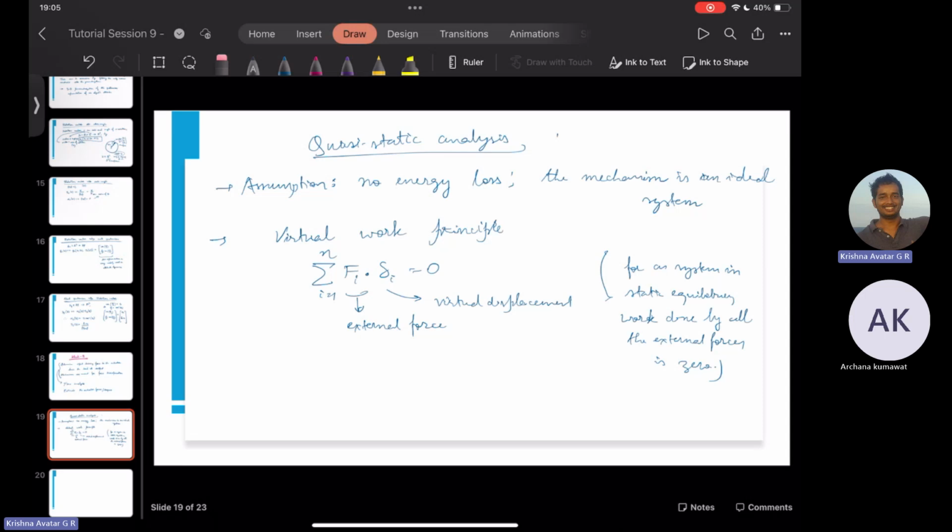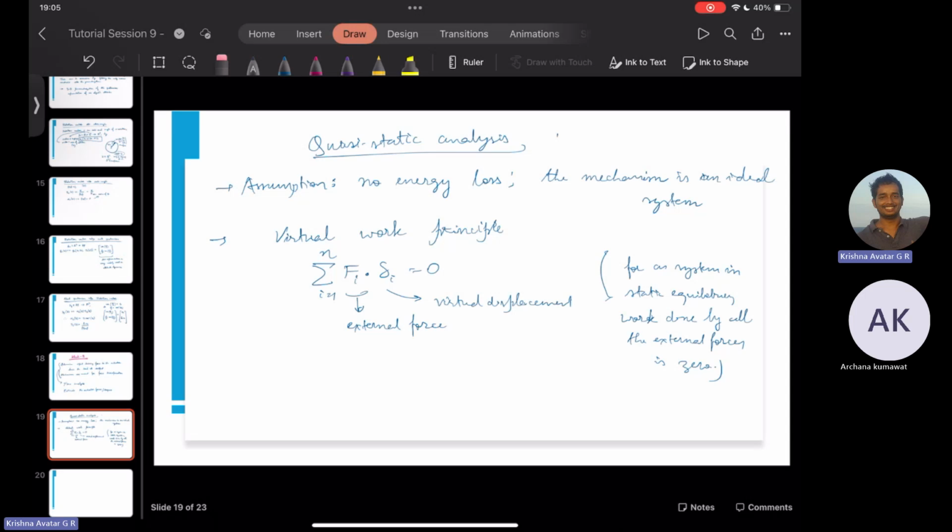And this virtual work principle is widely used in mechanics to determine the equilibrium equations as well, and to obtain the governing equations to many a problem. In problems like the ones we are dealing with, it will help us get a relationship between the input load and the output load, right?